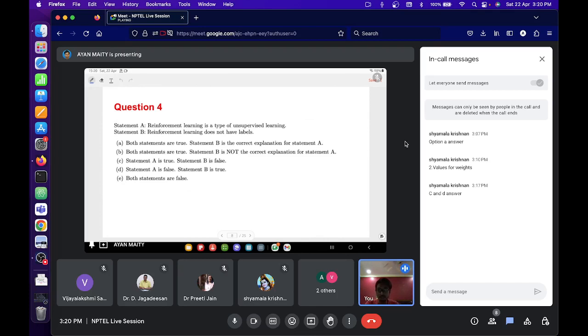It might happen both the statements are correct or one of these two is correct. So you have to find that out.